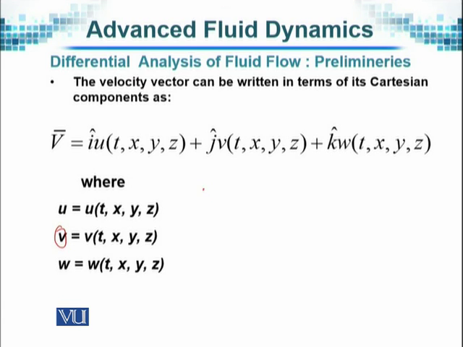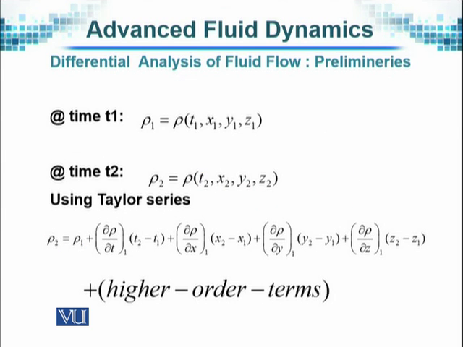In some cases you may note that the velocity is written as u times i plus v times j plus w times k. It really does not matter whether i, j, k are written first or after, as long as we know that they are the unit vectors in rectangular coordinates in the x, y, z directions respectively.